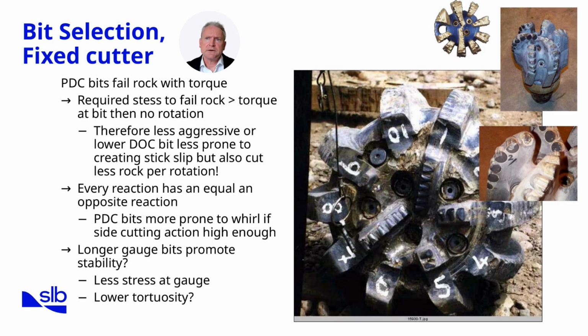This in turn lowers tortuosity in the wellbore. Overall, fixed cutter bit selection involves balancing aggressiveness, depth of cut, and gauge length to optimize performance while minimizing shock and vibration. With that foundation, let's move to how improvements in fixed cutter technology have enhanced bit stability.